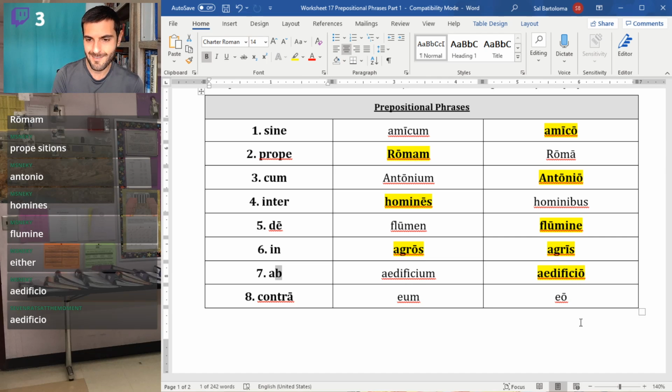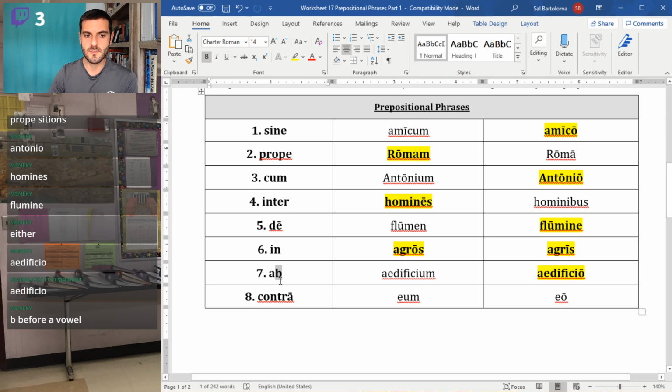Why is it ab edificio and not a edificio? Exactly. We would use this longer form, ab, because this word starts with a vowel, and it allows us to smooth those two words together. Ab edificio, instead of having to say a edificio. So ab edificio.